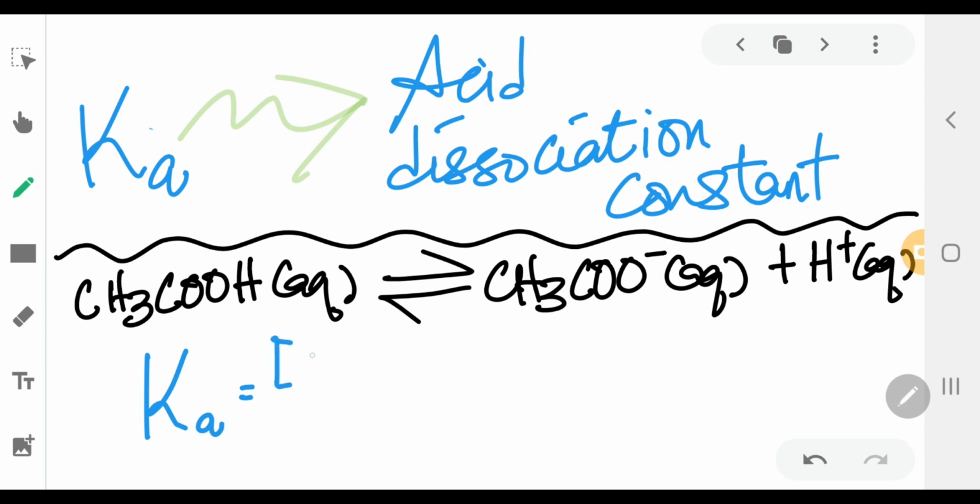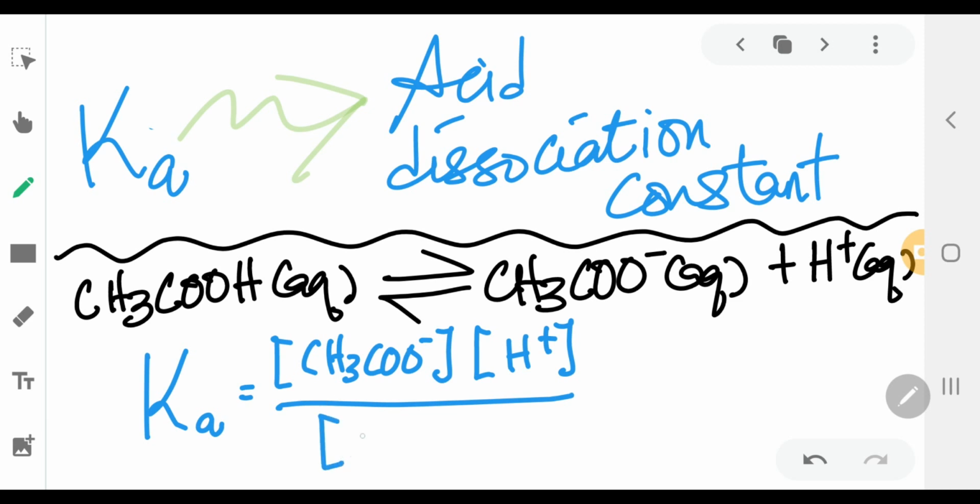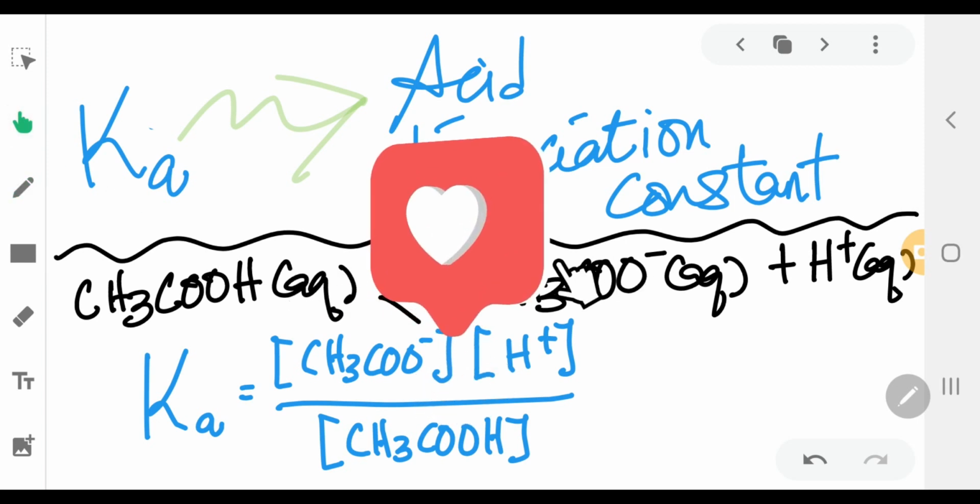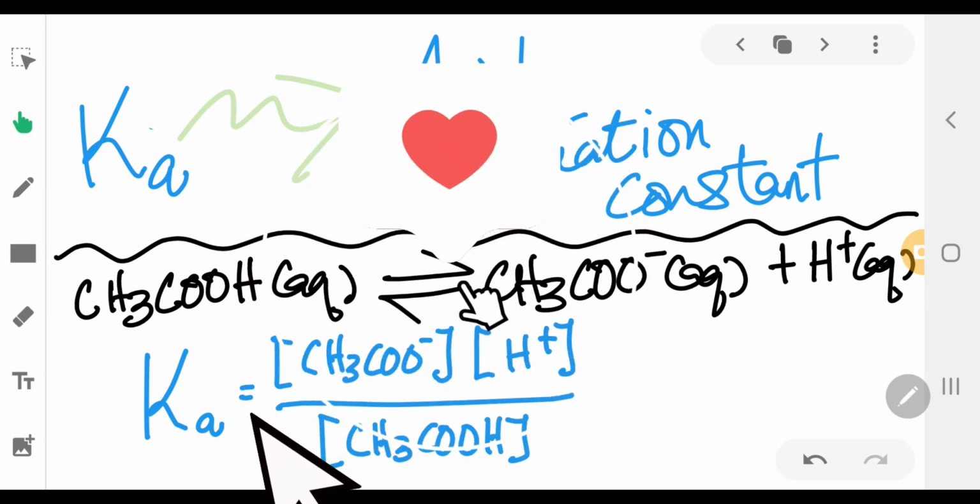In brackets, still the same as what we have done before, CH3COO minus to the power of 1, and then H plus, also to the power of 1, divided by your reactant, CH3COOH, to the power of 1. So this is how you write the Ka for this dissociation of weak acids.